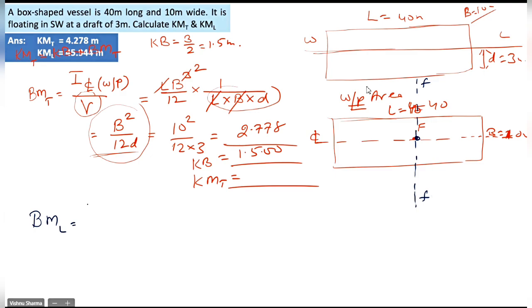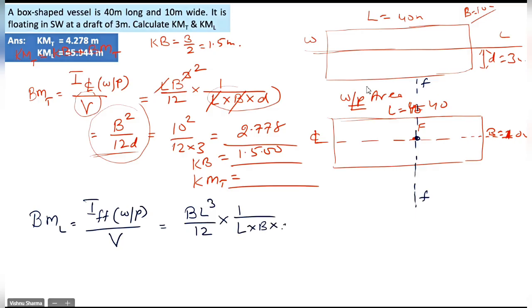So with reference to my diagram, the formula simplifies to IFF of the water plane divided by volume of displacement. Incidentally, FF is a standard axis for the rectangle, and that will be BL cubed by 12, divided by L into B into D. B and B get cancelled, one L gets cancelled, leaving L squared by 12D.